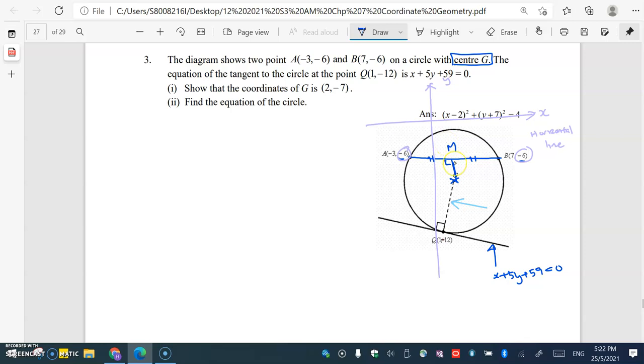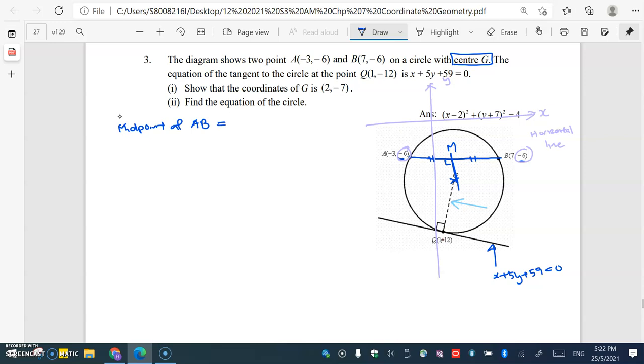So if I can find the equation of this dark blue line and the equation of this light blue line, the intersection point will be G. So let's go find the equation of the dark blue line first. To find the equation of a line, we need a point as well as the gradient. So let's go find the midpoint of AB.